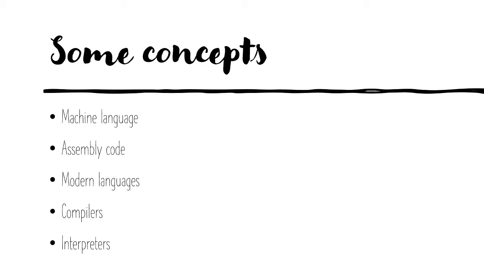So machine language, ones and zeros, makes coding very difficult, right? But we have an answer to that problem, and the very first answer is assembly code, or assembly language.